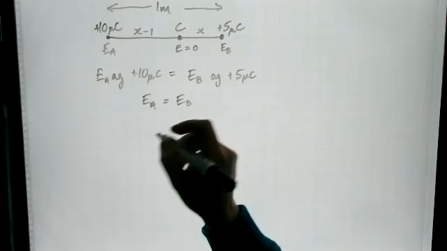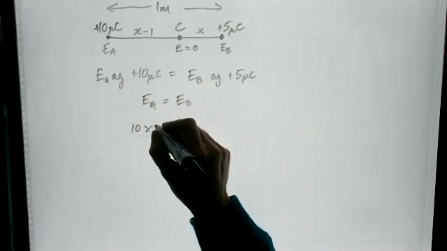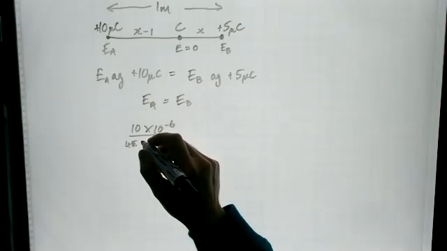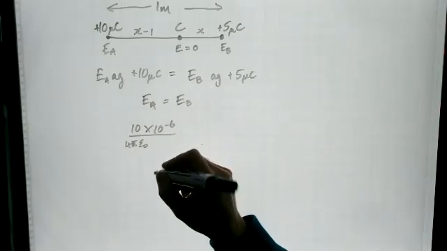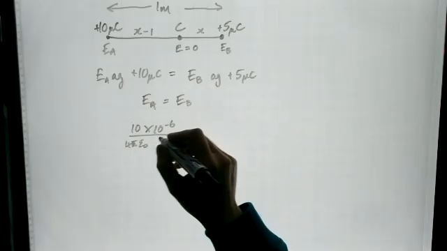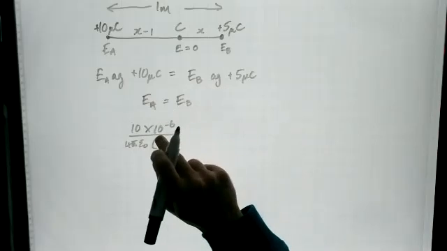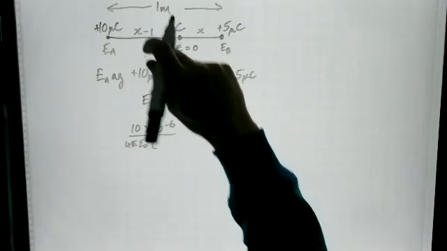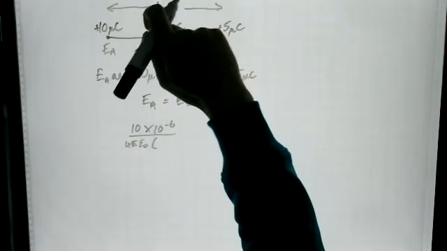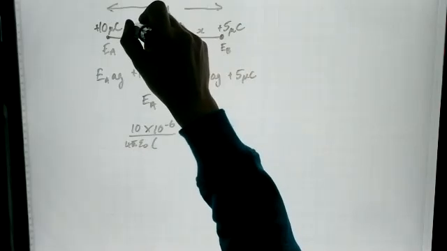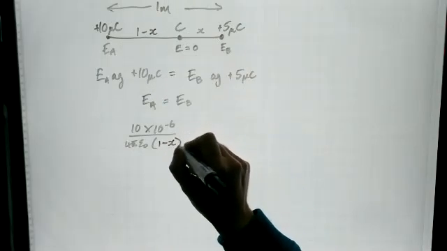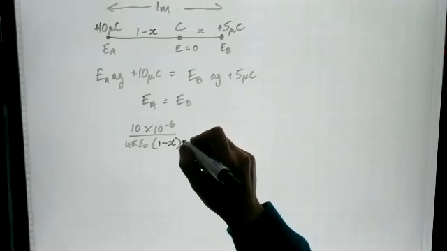So you do 10 by 10 to the power of minus 6 over 4 pi permittivity, over the distance squared, which is 1 meter minus x squared.